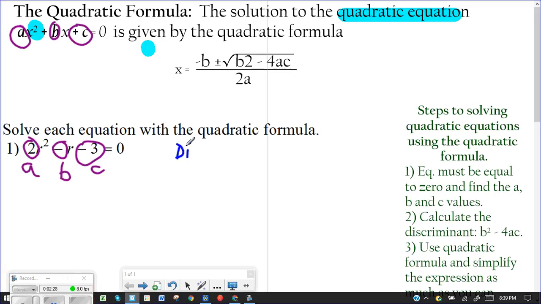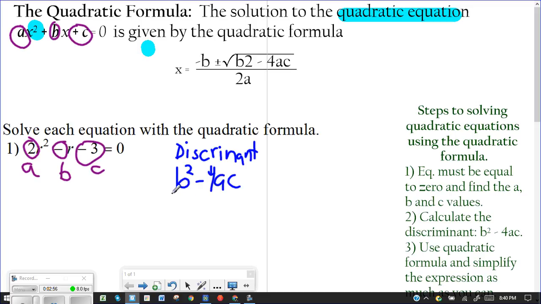D is, and the formula is b squared minus 4ac. Now for this formula, plug in the b value.